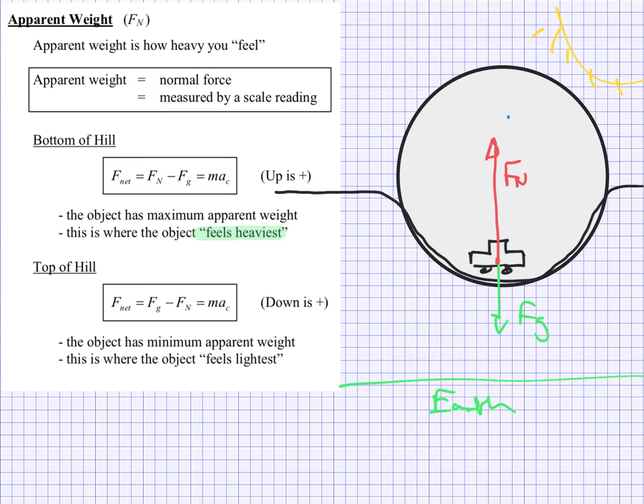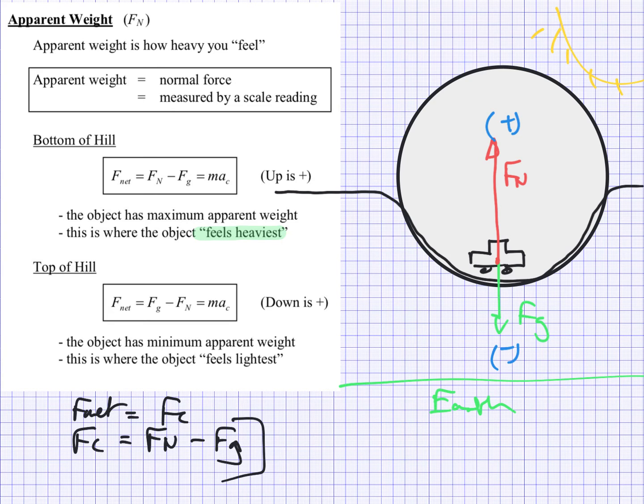Now, remember, we are going to say that the inside of the circle is positive and the outside is negative, and that's important so that we can then do our Fnet expression. So we're going to go Fnet is the sum of all forces, and in this case, the sum of all forces, as we've said before, is the centripetal force. So we're saying that the centripetal force here is going to be the Fn minus the Fg.